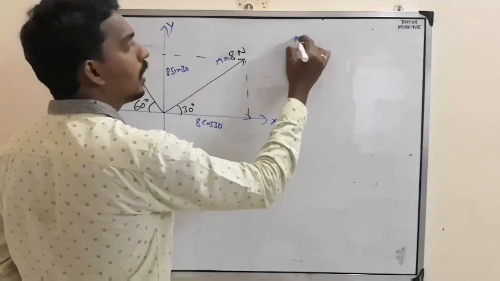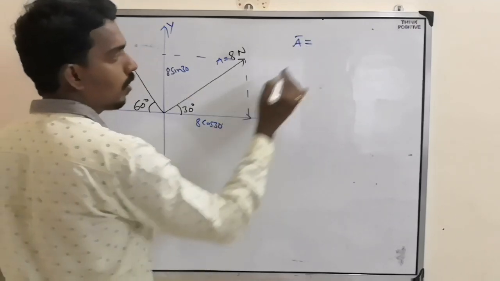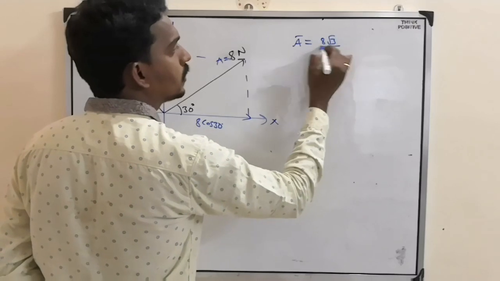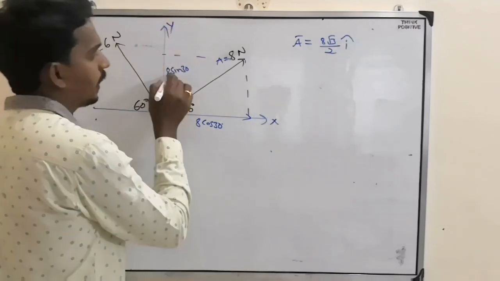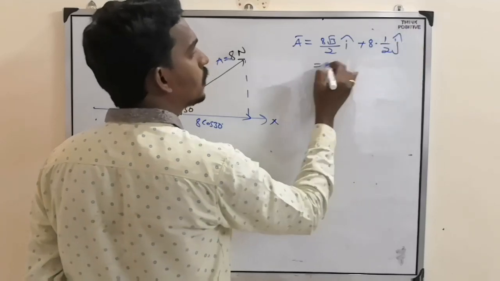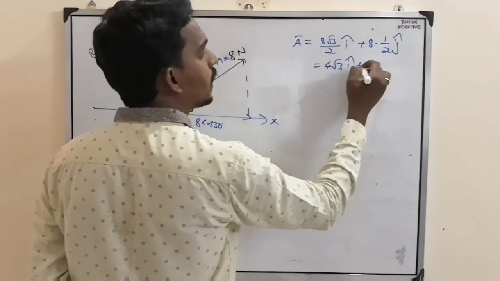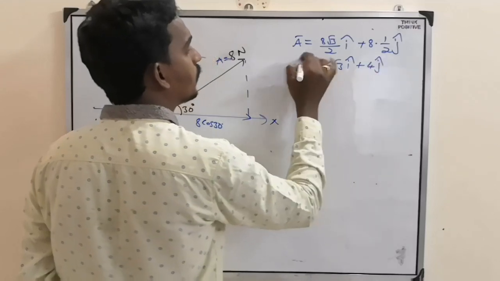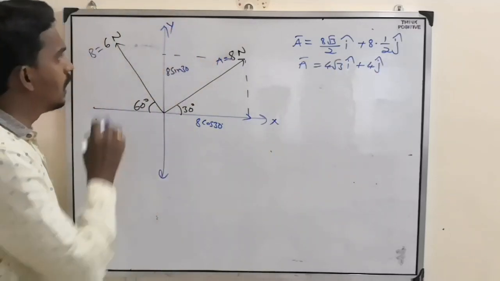Then A bar you can write as 8 cos 30 means 8 root 3 by 2 i cap, and 8 sin 30 means 8 into 1 by 2 j cap, equal to 4 root 3 i cap plus 4 j cap. This is A bar.